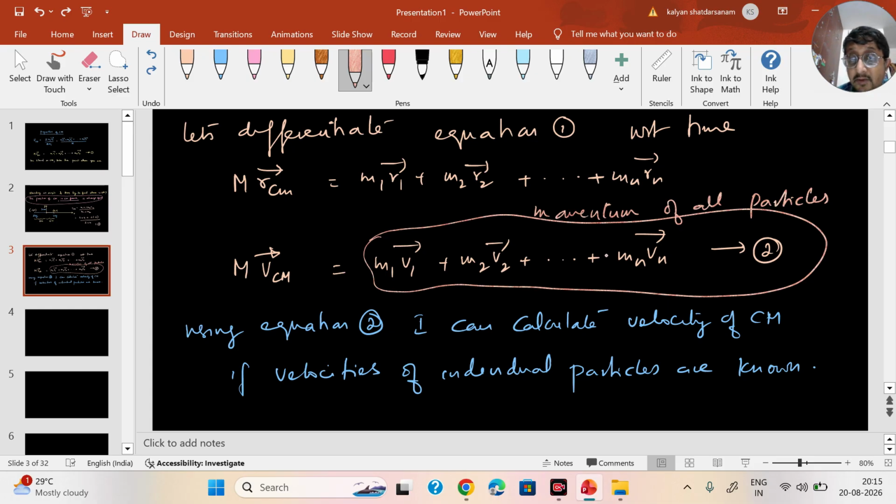If you want momentum of all particles, one way to calculate the momentum is go to first particle, ask that fellow, please give me your velocity, and multiply its mass and velocity. You got first particle momentum. Then go to second particle, ask that fellow, please give me your velocity, and you multiply the mass and velocity of second particle to get its momentum.